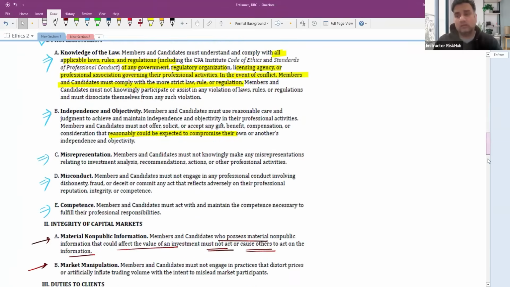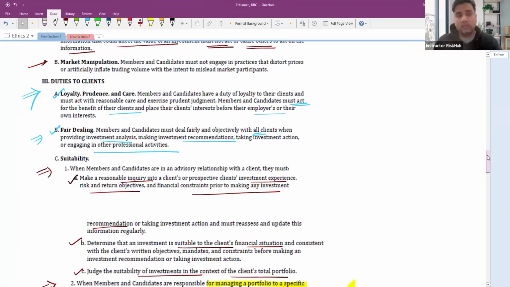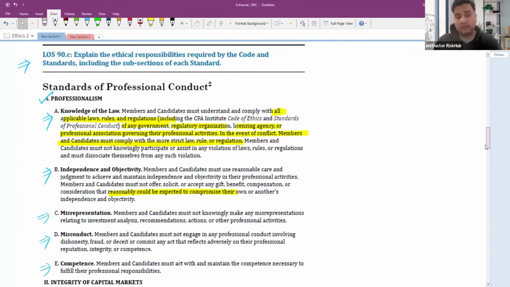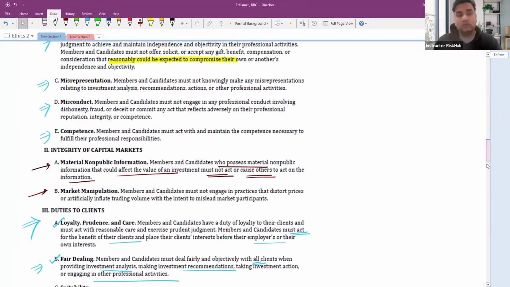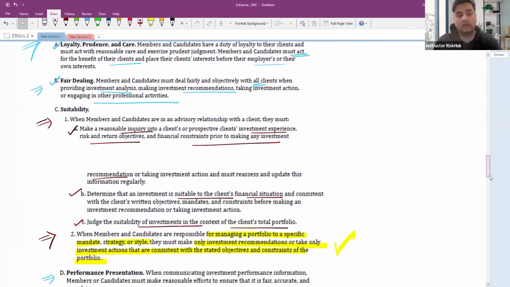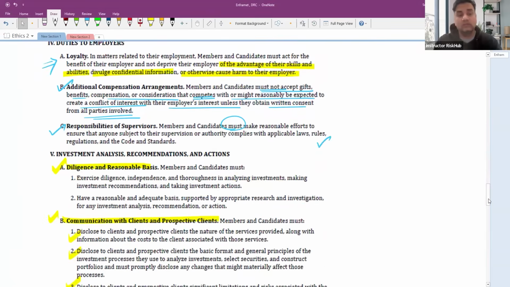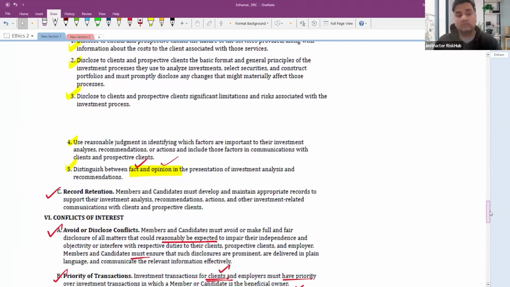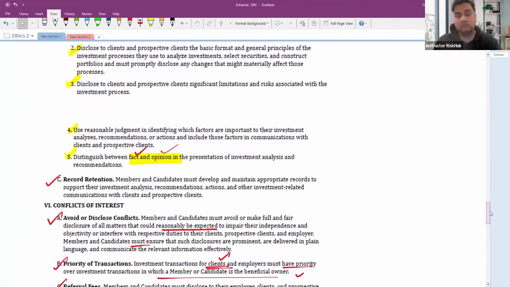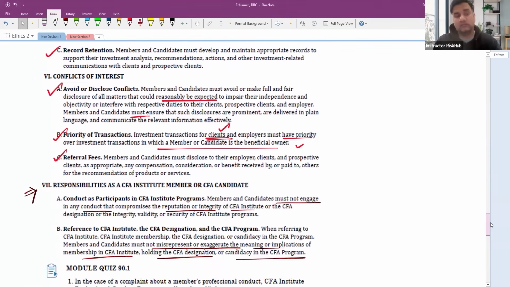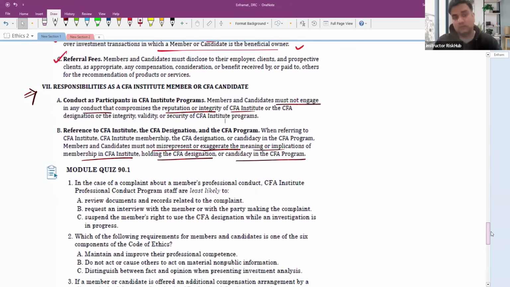In the standards, professionalism has 5 points, integrity has 2 points, duty to client has 5 points, duty to employer has 3 points, investment analysis, recommendation, and action has 3 points, and the second of those has 5 points. Conflicts of interest has 3 points. Responsibility of CFA Institute member or candidate has 2 points.